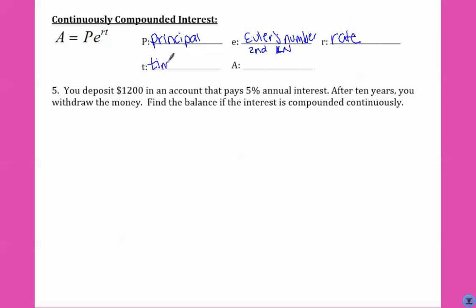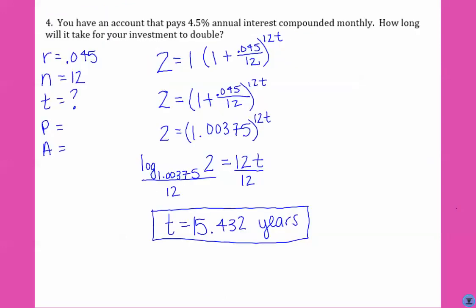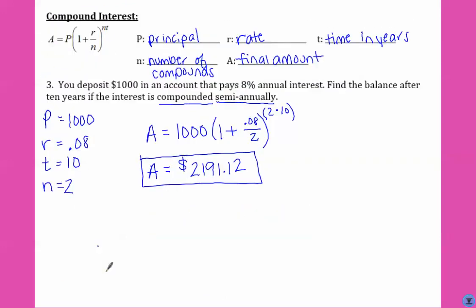T is still time. A is our final amount. The thing that is different for this equation, and the reason we have a different equation, is because we are compounded continuously. So after compounded, if it says continuously, you use this equation. After the word compounded in the problem, if it says anything else, you're using the other equation.